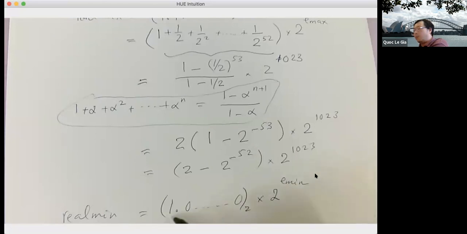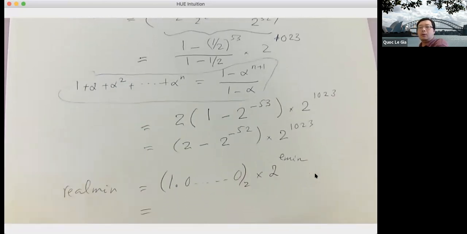And this number just equals 1, so this one is just 2 to the minus 1022.